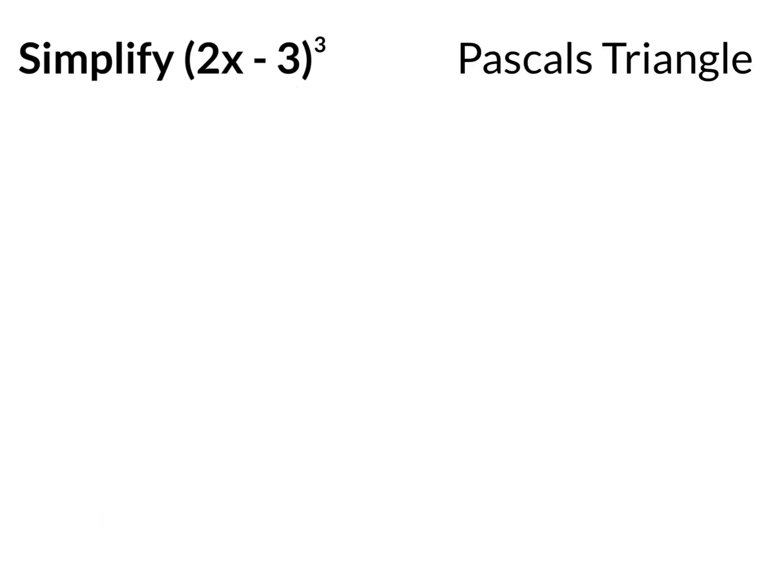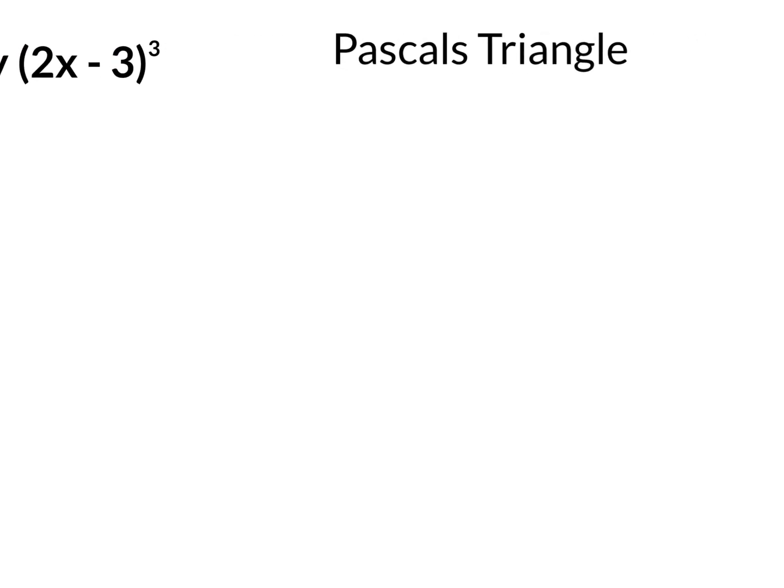We have the same exact problem, but I'm going to teach you Pascal's triangle and how to apply the binomial expansion theorem. So on your paper, go ahead and write down Pascal's triangle. And please make a triangle of ones, like as in 1, 1, 1, like that. Make a triangle of ones.